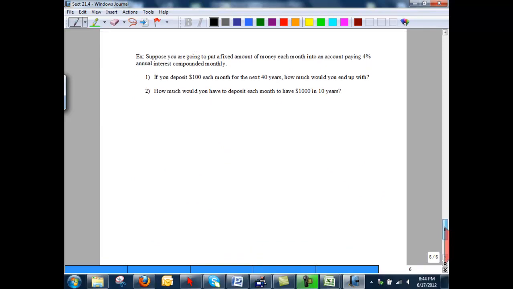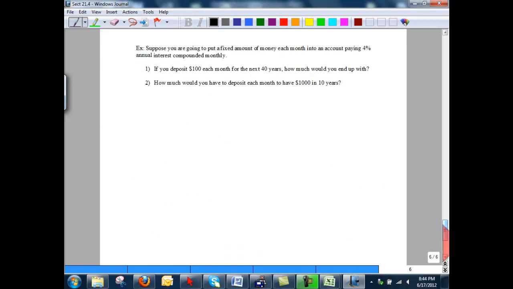Problems like this. Suppose you're going to put aside a fixed amount of money each month into an account paying 4% annual interest compounded monthly. If you deposit $100 each month for the next 40 years, how much would you end up with? All right, question number 1.